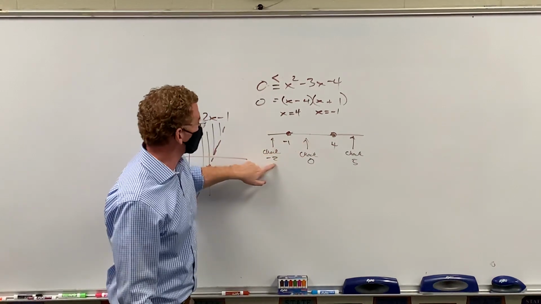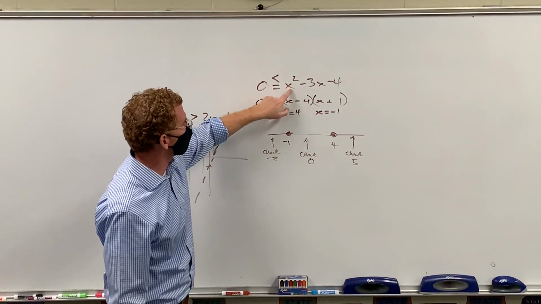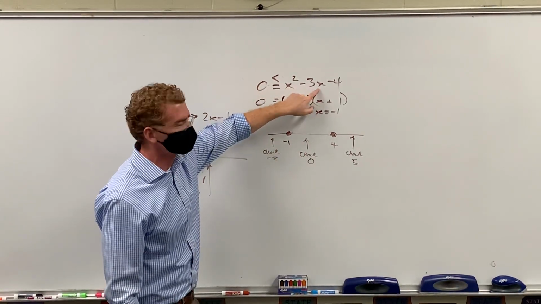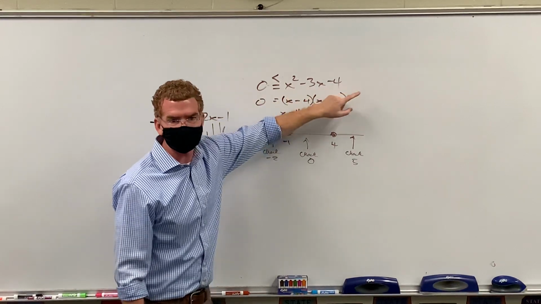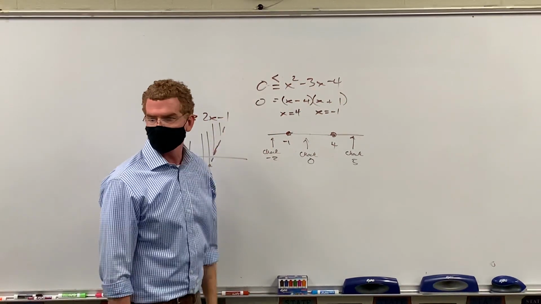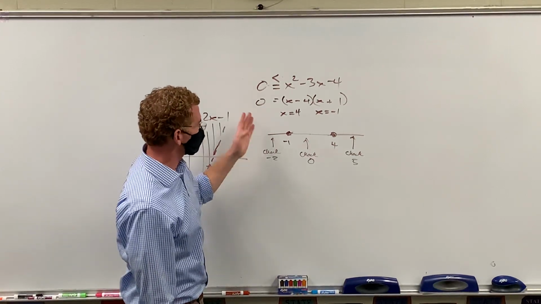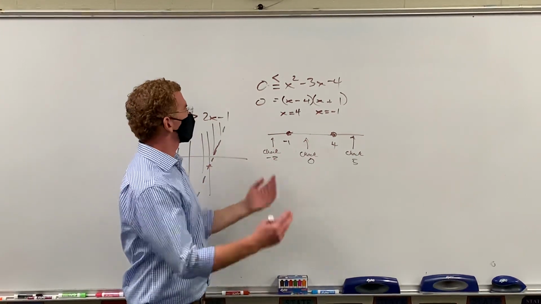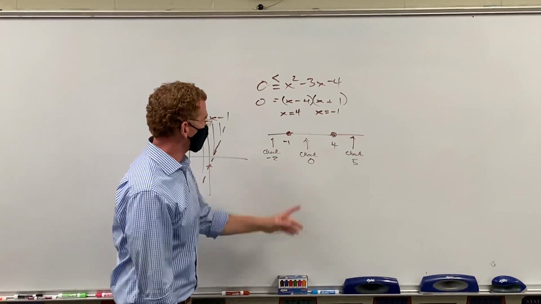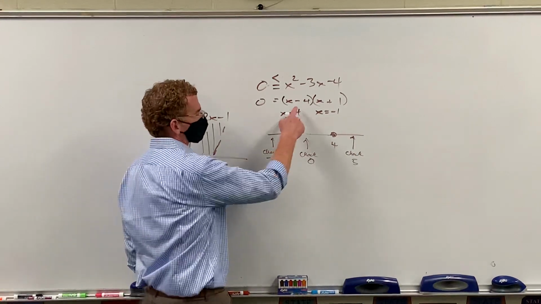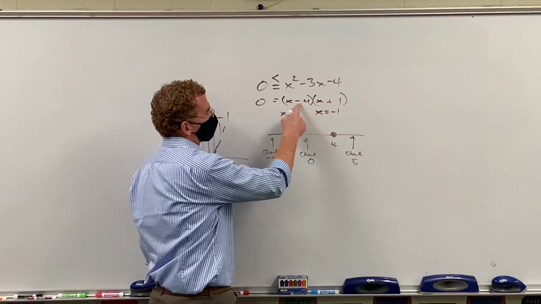If I pick a number like -2 and plug it in there, I get 4 plus 6 is 10 minus 4 is 6. Is 6 bigger than 0? Yeah. So if I pick something like that and it ends up being true, I'm going to shade it. If it's not true, I'm not going to shade it. So right here, if I plug, but I can also plug it in here. If I plug a -2 in there, what do I get?